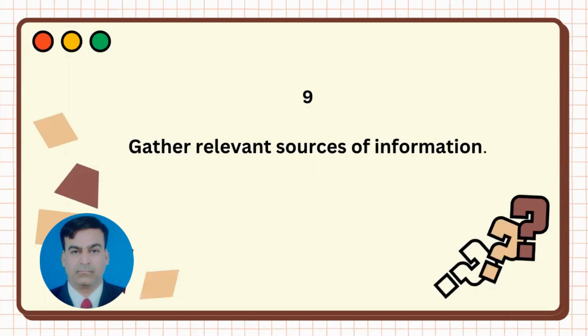Some examples of the regulatory bodies and their websites include: number one, the Health and Safety Executive, HSE, in the UK at www.hse.gov.uk. Number two, the Occupational Safety and Health Administration, OSHA, in the US at www.osha.gov.